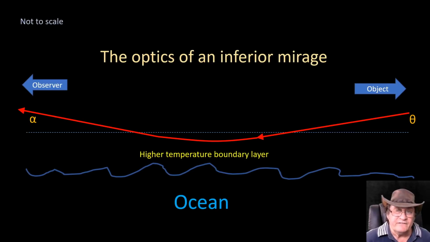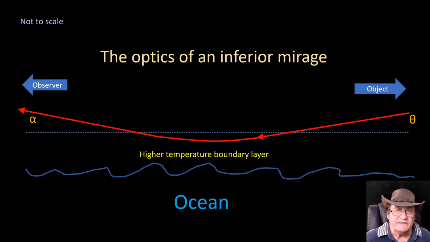So here's how an inferior mirage is formed. There's this higher temperature boundary layer because the ocean is warmer and the air above is cooler. And then this causes the light to refract upwards instead of the normal downwards. So it's an inverse density gradient.